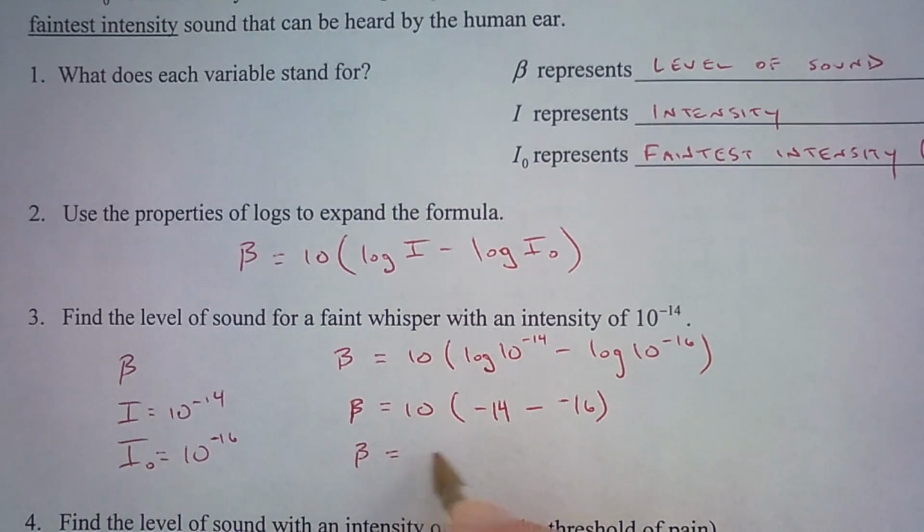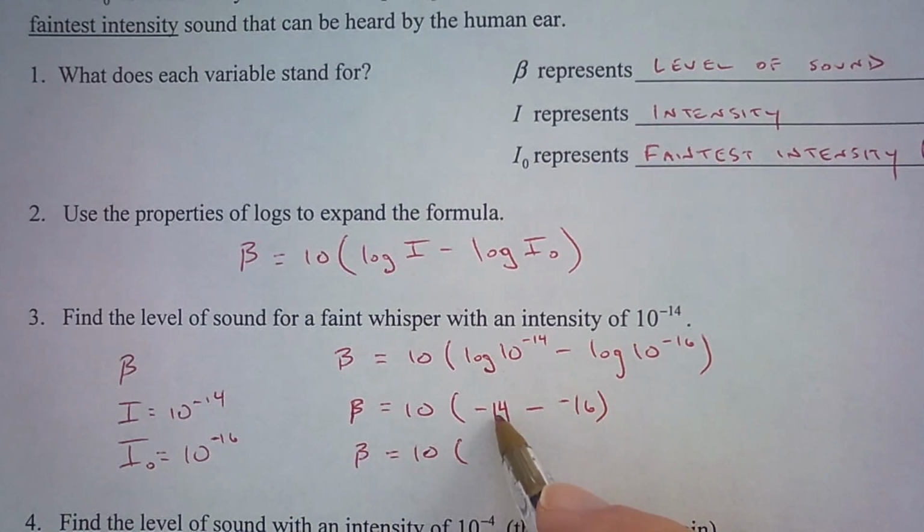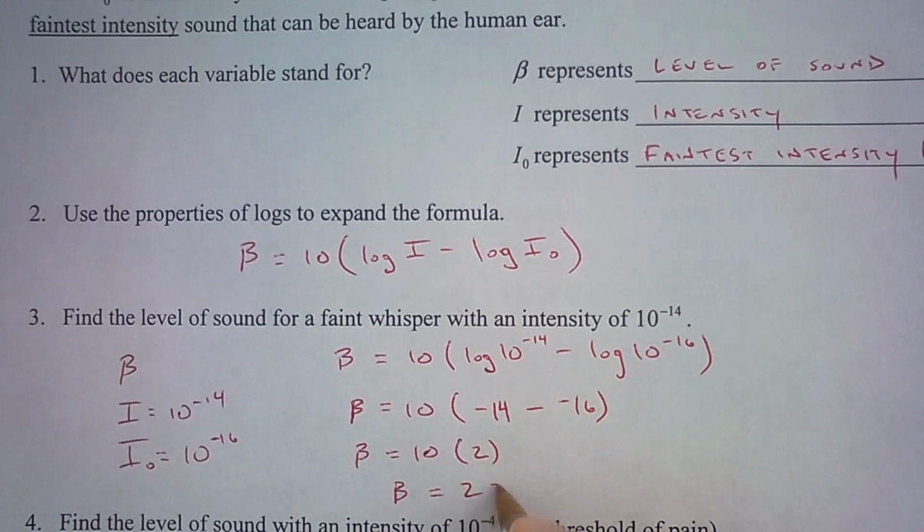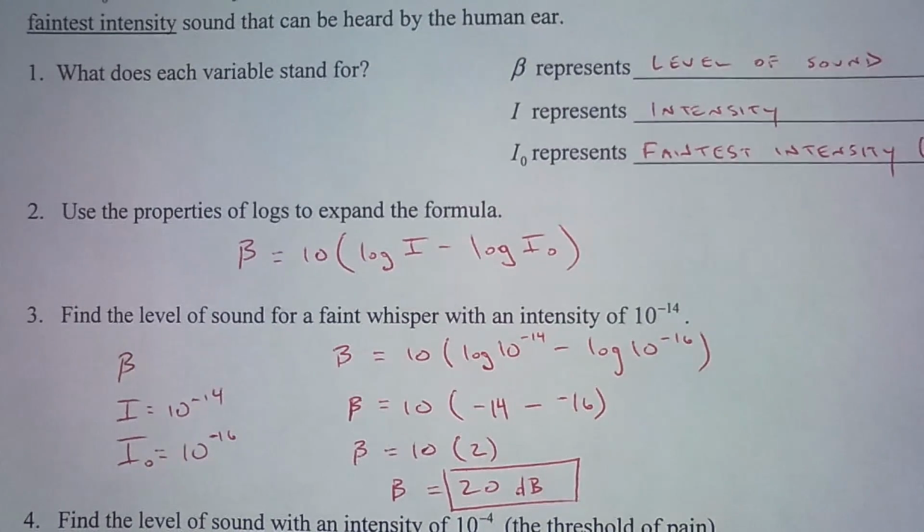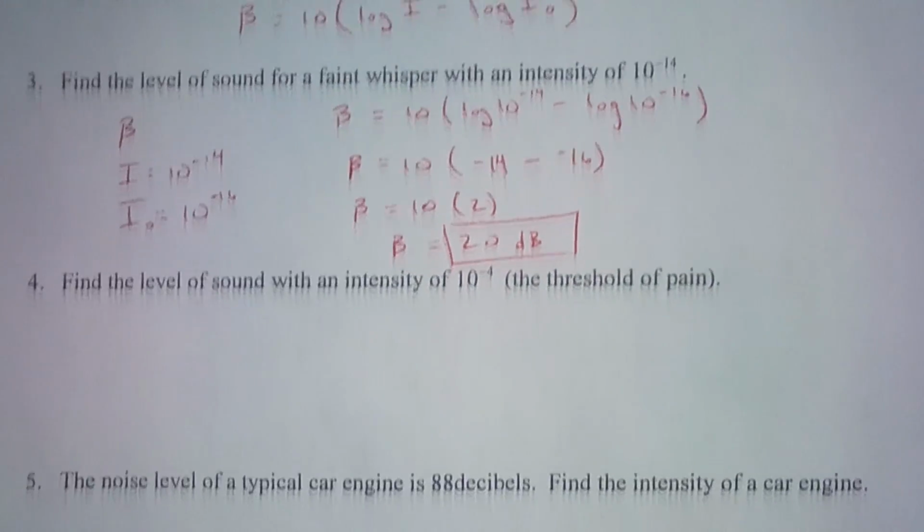Now I've got 10 times 14 minus negative 16. That's 14 plus 16, which is 30... so it is 20 decibels. The level of sound is 20 decibels.